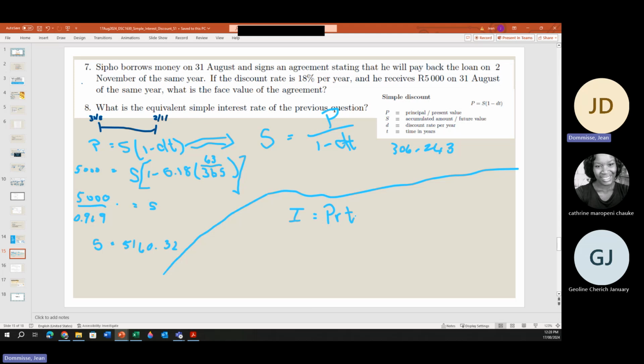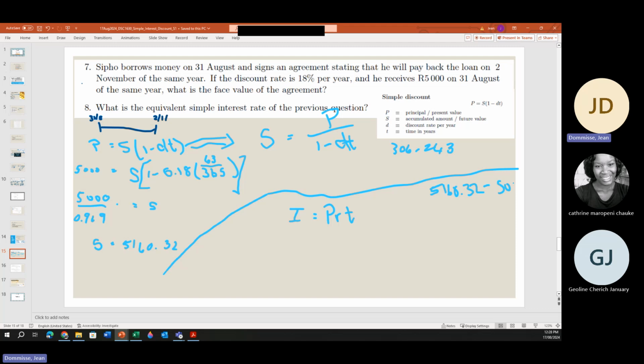The interest that was paid is 5160.32 minus 5,000. That was the interest paid, so that we have I.